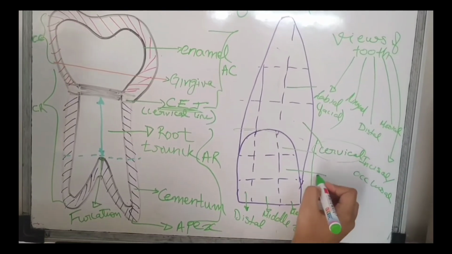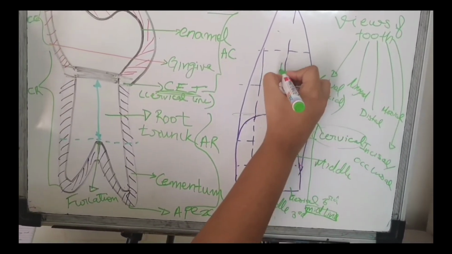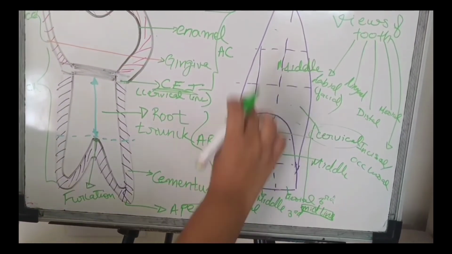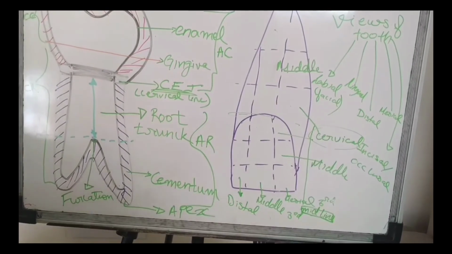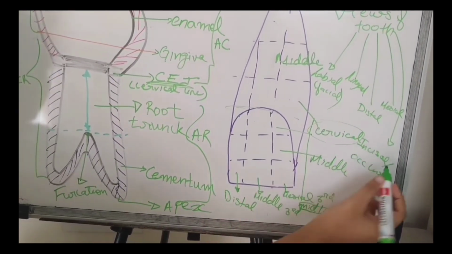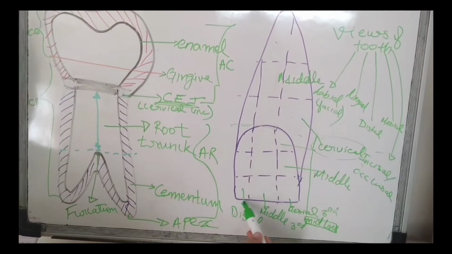Now this one is the middle part. Even in the root, middle third, and this middle third, and then in the crown near the incisal edge, we have this incisal third. Okay, it's very simple.